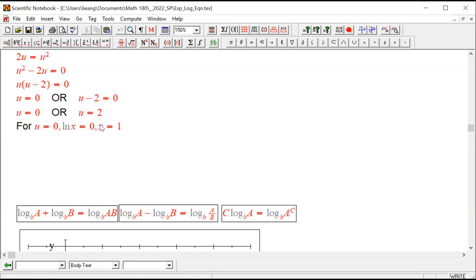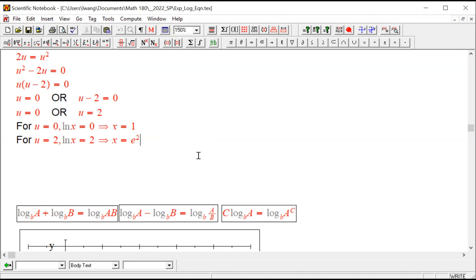And for u equals to 2, we get ln x equals to 2. And the consequence will be x equals to e squared. We got 2 solutions, don't we?